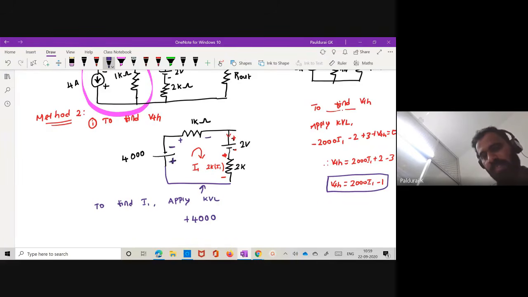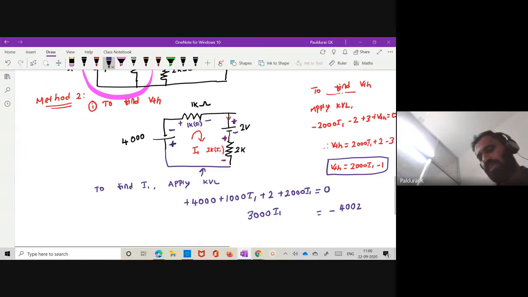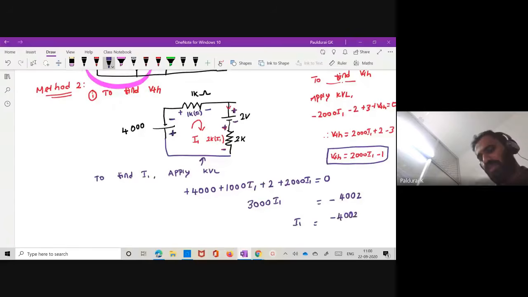Plus 2 minus, this is 1 kilo ohm times I1, right? So 1000 times I1, this is plus 2 minus, so plus 2000 times I1 equals 0. So now what is I1? 3000 times I1 equals minus 4002, right? So I1 equals minus 4002 divided by 3000.